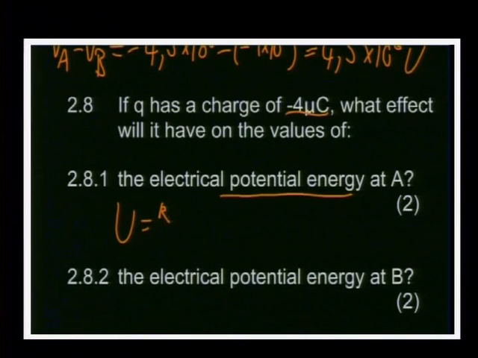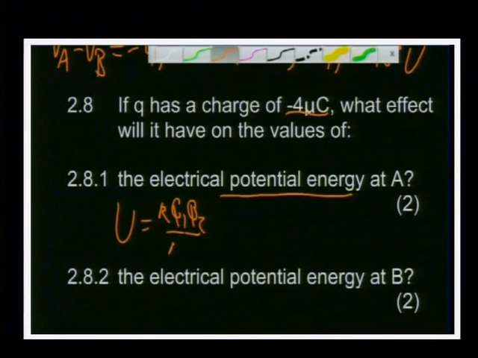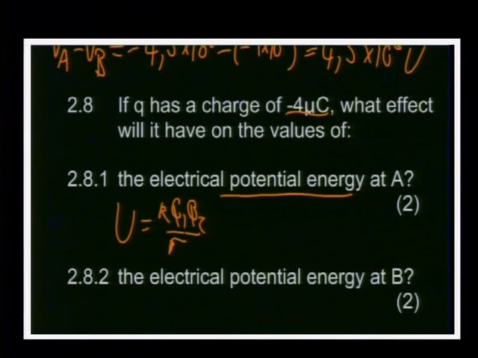So the electrical potential energy, which is kQ1Q2 over r. It's not r squared, sorry, that's with the force. It's r. The point I was trying to get to is it's directly proportional to the charge. So if we double the charge, we have to double the potential energy. So we would say U has doubled.